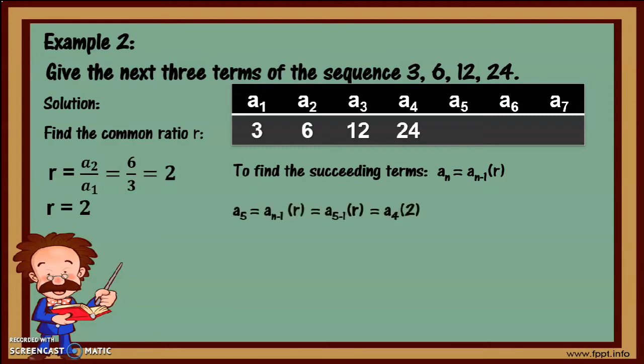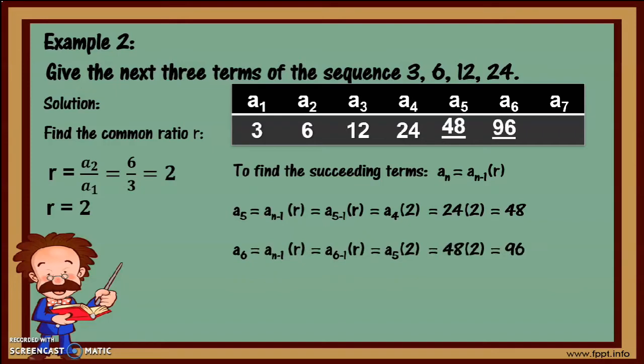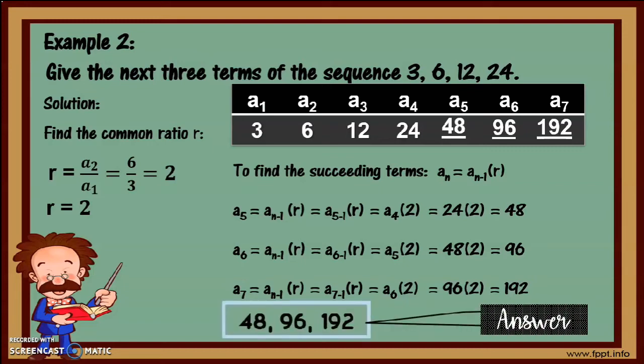So the fifth term is a sub 4 times 2, and a sub 4 is equal to 24, multiplied by 2 is equal to 48. The sixth term is 48 times 2 equals 96. And lastly, a sub 6 times 2, that is 96 times 2 equals 192. So, the terms that we are looking for are 48, 96, and 192.